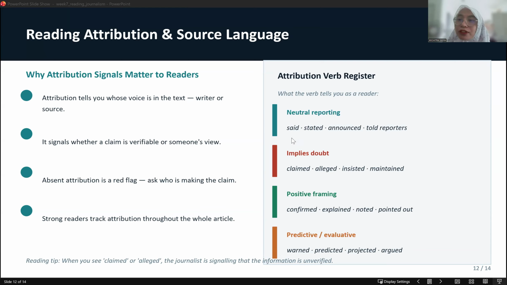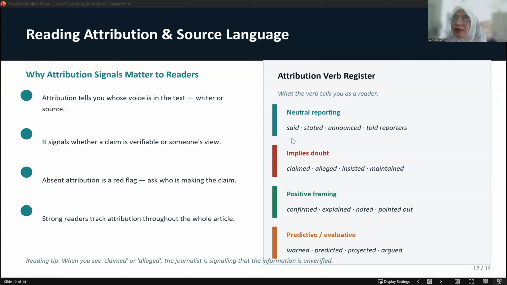So this is positive framing. So if Bambang or Purbaya confirm that Indonesia's economy is now growing at a healthy rate, for example, the journalist wants you to know that it is actually happening and it is a good thing.